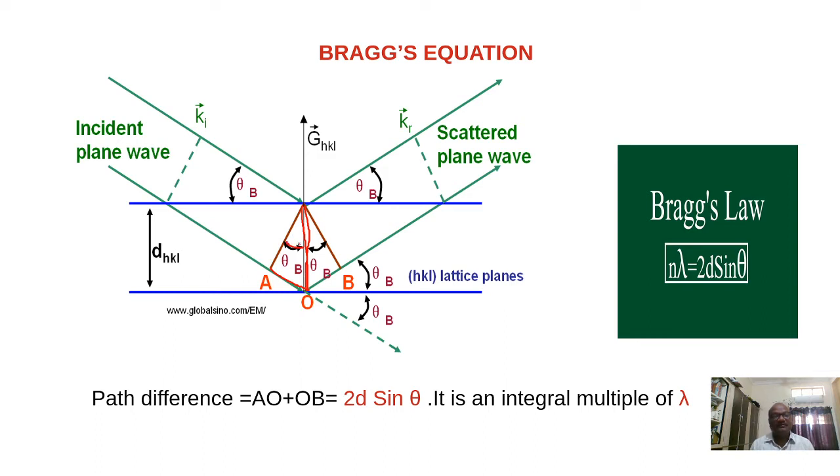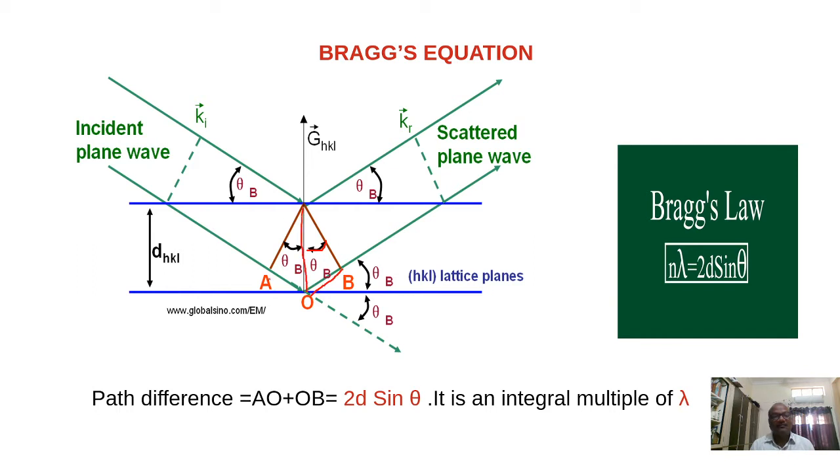Now in this case, sine theta B is equal to AO divided by D. Similarly, in the second triangle, sine theta will be equal to OB divided by D.